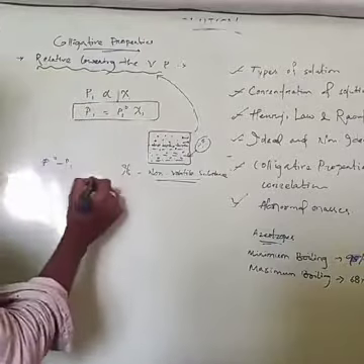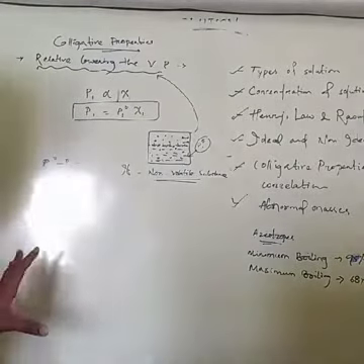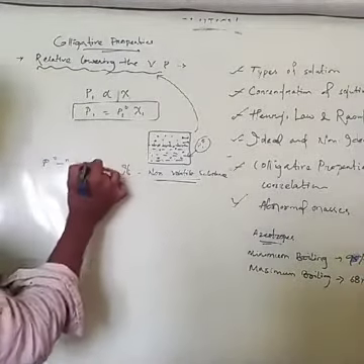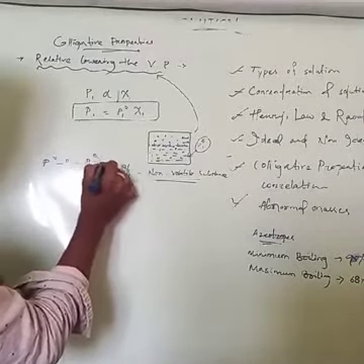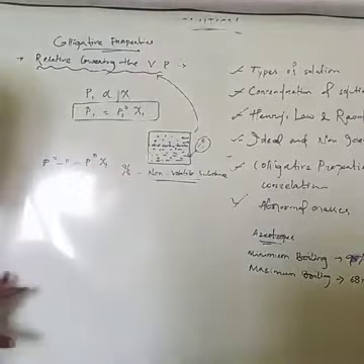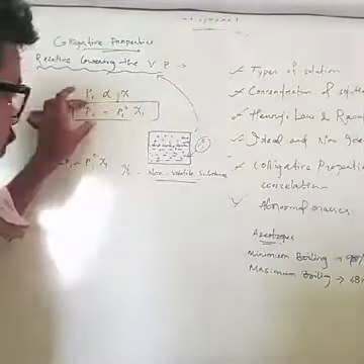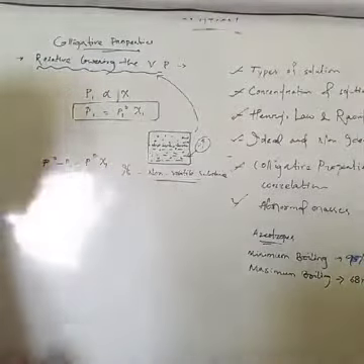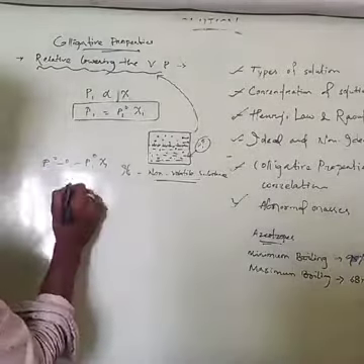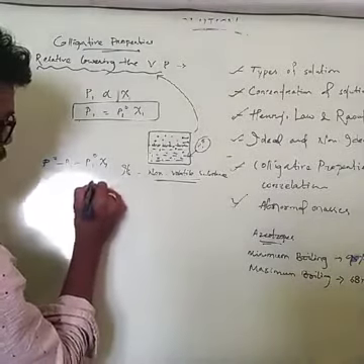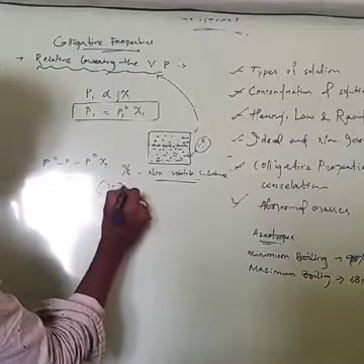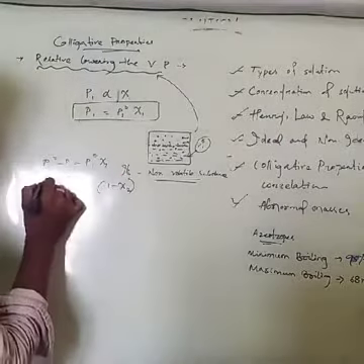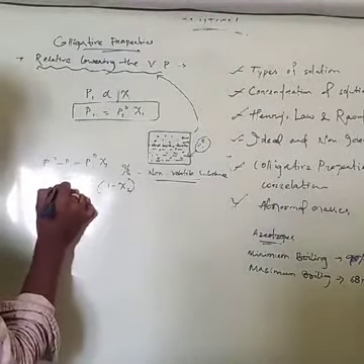So this equals, we know that, P1 naught chi 1. So the actual pressure, if you calculate, this is the difference. And again P1 naught chi 1, what can we write it as? 1 minus chi 2. Yes or no?